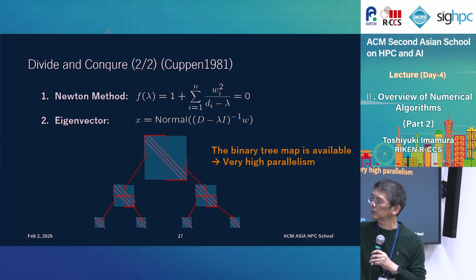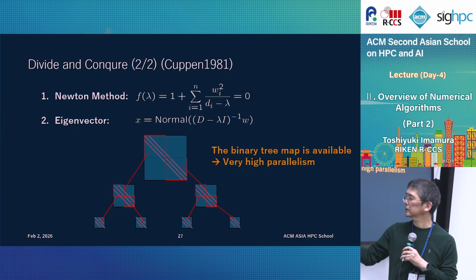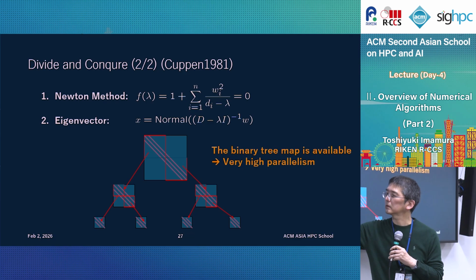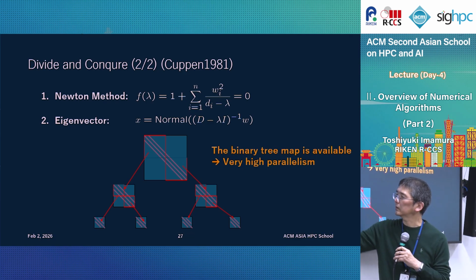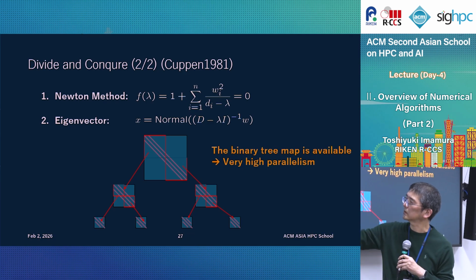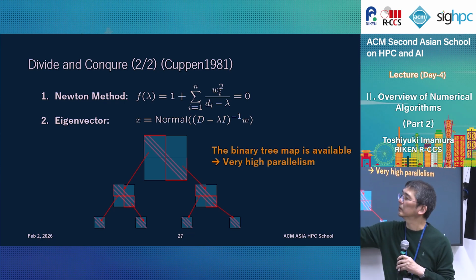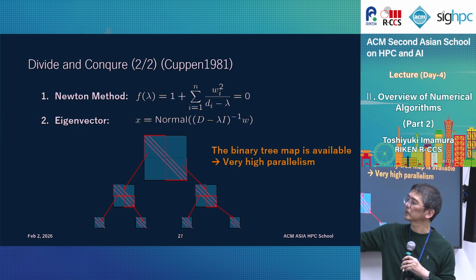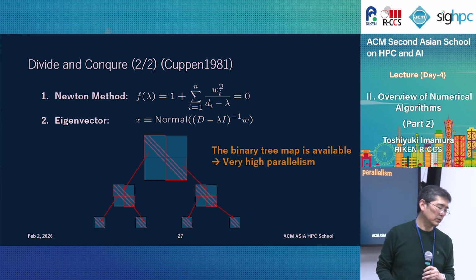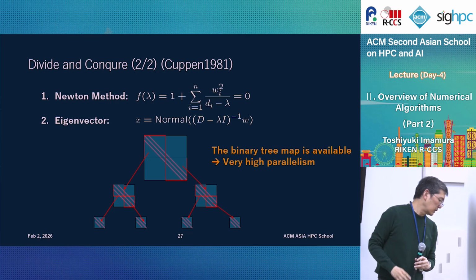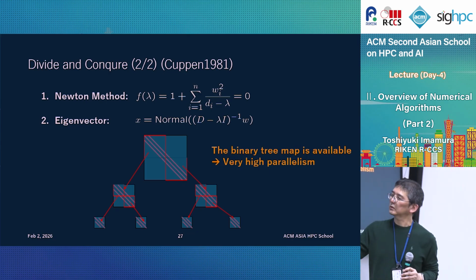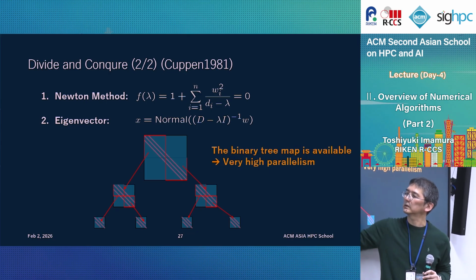But we need to solve these leaf problems and integrate, or synthesize, no, how to say, merge the two sub-problems into the upper level problem. It also has high parallelism, both in solving the leaf problems and in the integration.